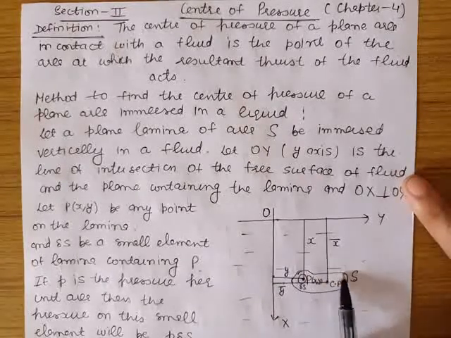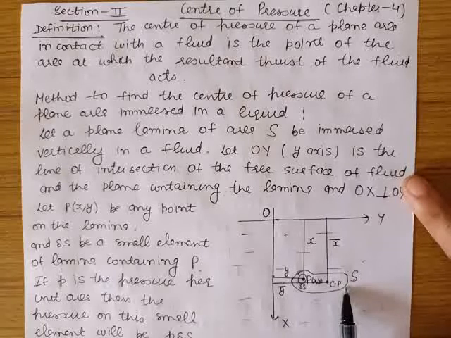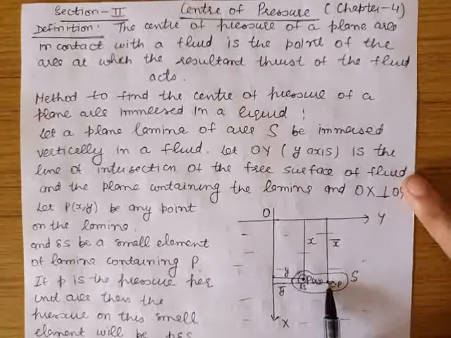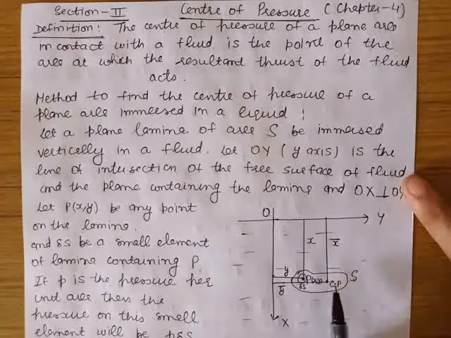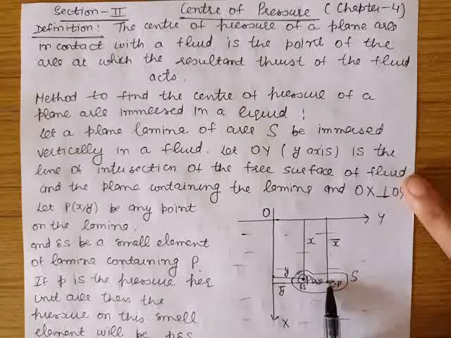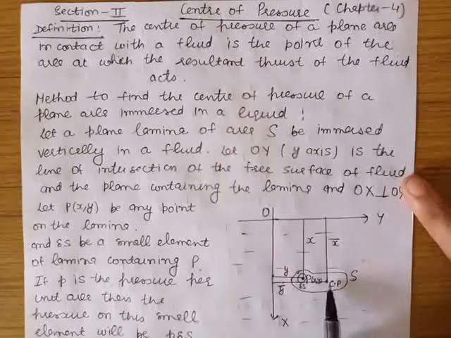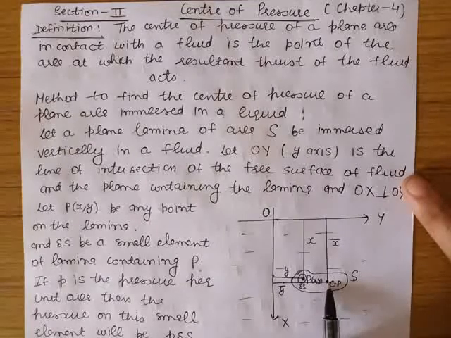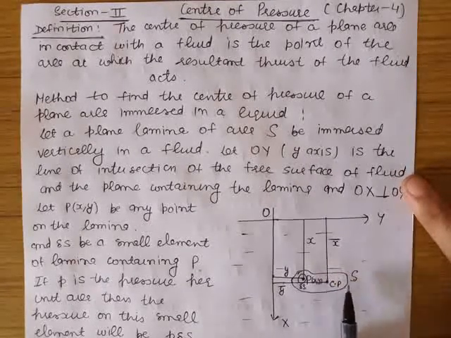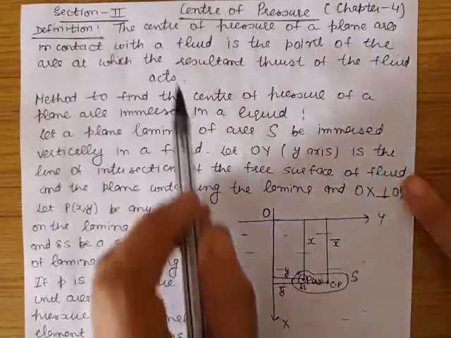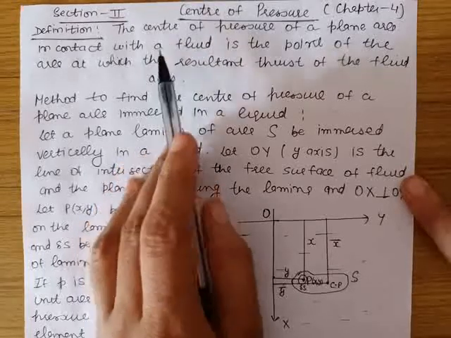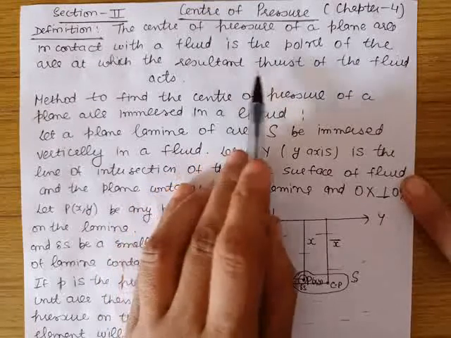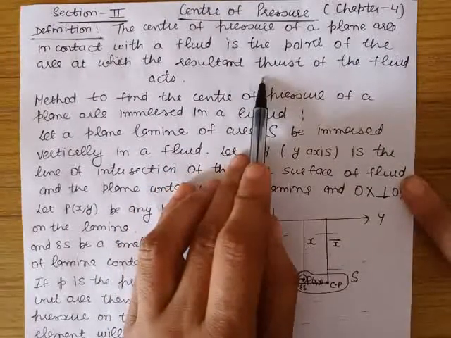If we consider a plane area which is in contact with a fluid, then the point of the area at which the resultant thrust of the fluid acts, if this is the point where the resultant thrust of this fluid acts, then this point is called center of pressure of this plane area S. Thus we can say that center of pressure of a plane area is the point of the area where the resultant thrust of the fluid acts.